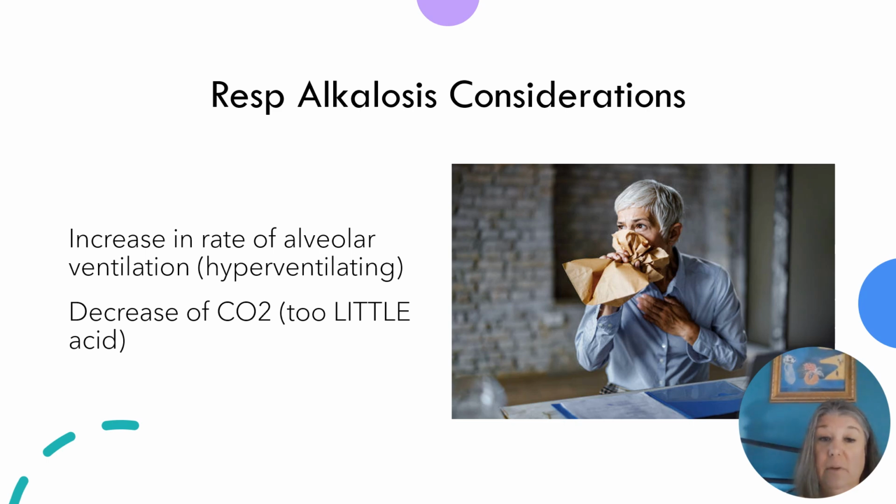All right. So the body tries to restore the pH to normal levels through renal compensation. In this process, renal excretion of bicarb is increased. Respiratory alkalosis may be acute, resulting from hyperventilation, or chronic, which can be difficult to identify because of the renal compensation.